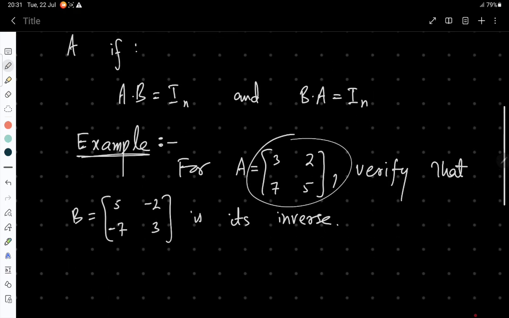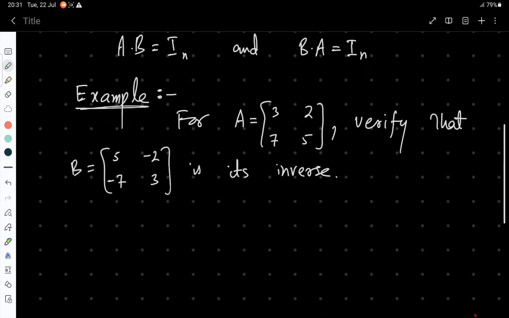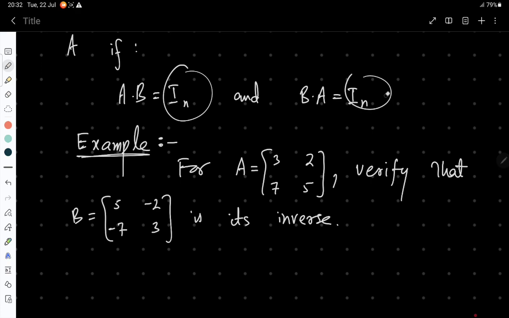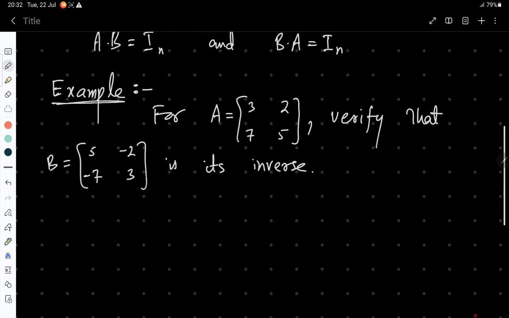Since these two matrices are of the same order, 2 by 2, when I multiply them, either A times B or B times A, I should end up with the identity of order 2, because both matrices are of order 2.